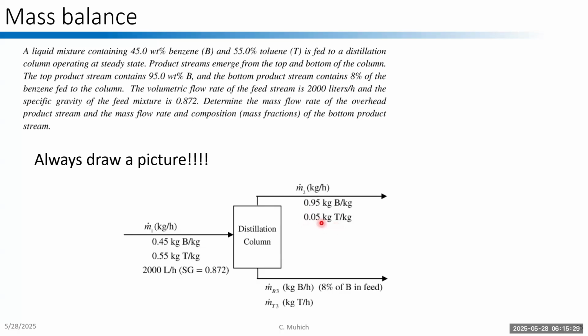So I have 0.05 kilograms of toluene per kilogram of that stream. If I know information about one of these, I know what's happening with the other because the fractions must equal 1. All right, so at the bottom, I know less information here. I only know that 8% of the benzene which came in is leaving out here, but I don't know any specific numbers.